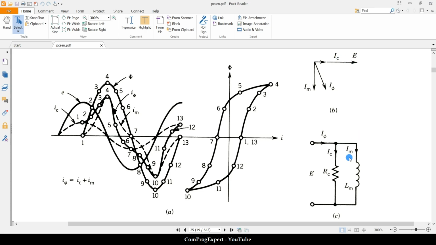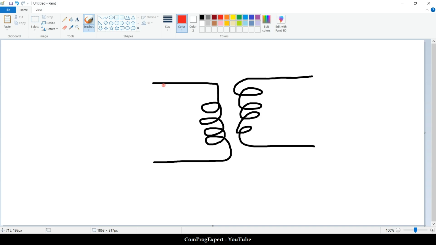And also we have this magnetizing current, IM, that is 90 degrees behind E. So the total current, the summation of IC and IM, is this one, I phi. So we can add these two elements to the primary winding, this magnetizing inductance and this core resistance.